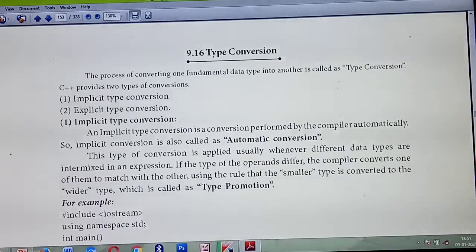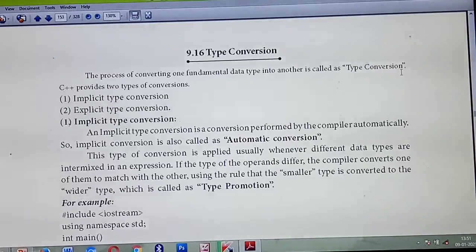So you are going to convert these fundamental data types to some other data type. Understood? So that process we call type conversion. So the process of converting from one fundamental data type to the next data type is called type conversion.